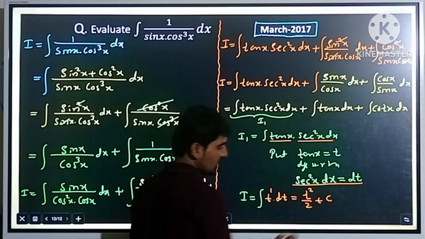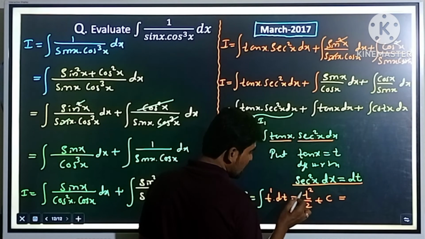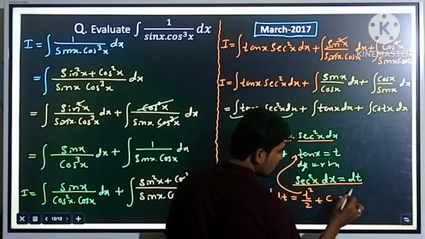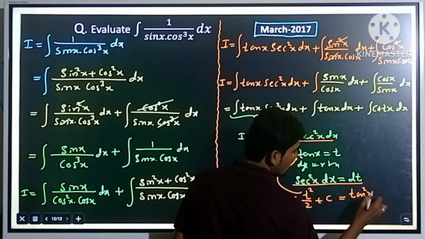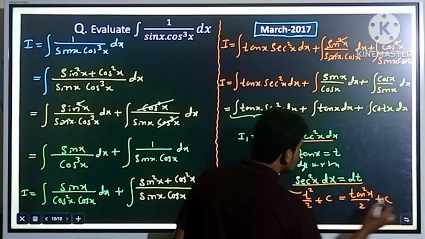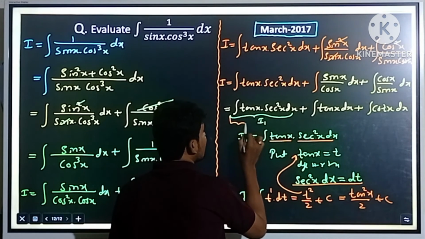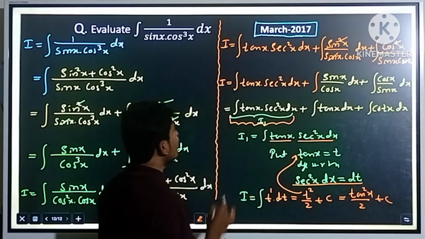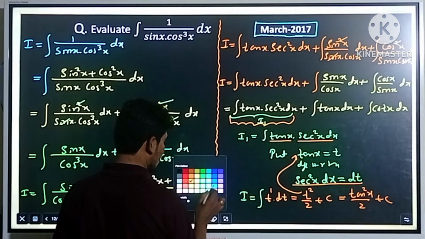I hope all of you are understanding. And what is t? T is tan x. Therefore tan square x divided by 2 plus c is the answer for the first integral in this I.